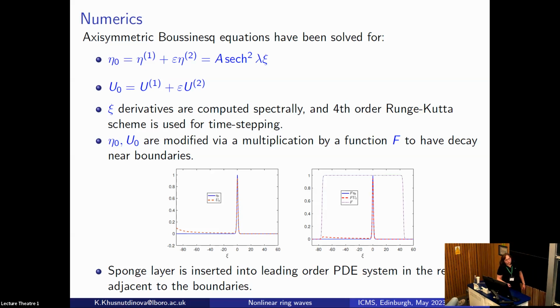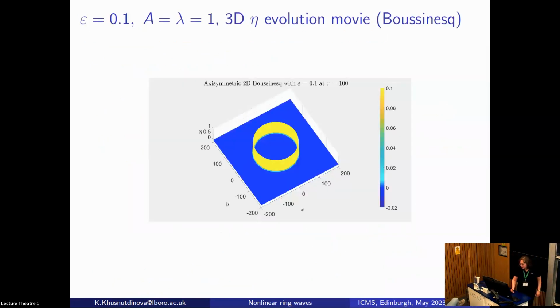And in order to be able to use periodic boundary conditions, we multiplied the initial condition by a function which tends to zero near the boundaries, and then a sponge layer was inserted into the equations to maintain this. So we do not really need to know the exact initial condition at the origin of the system, and we can avoid this problem by doing that.